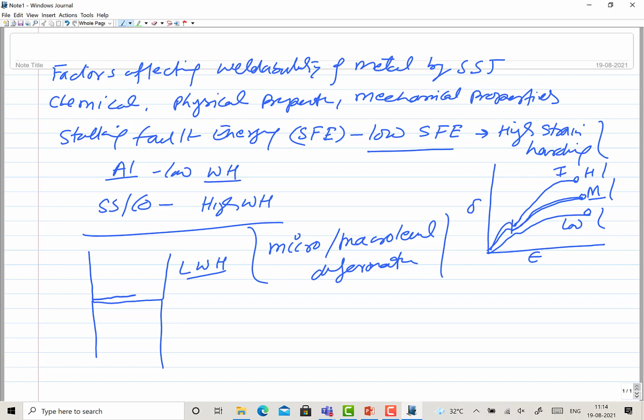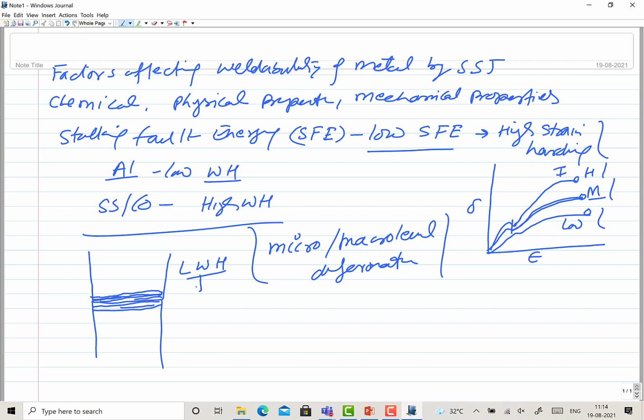It means the metal at the surface and near the interface is getting deformed. It will be hardened but not much. So hardening will not be resisting the deformation significantly in case of the low work hardening metals. So it will allow easy interfacial deformation and easy metallic intimacy, closeness, mechanical interlocking. All those benefits will be there, and the same will be experienced on the other side as well.